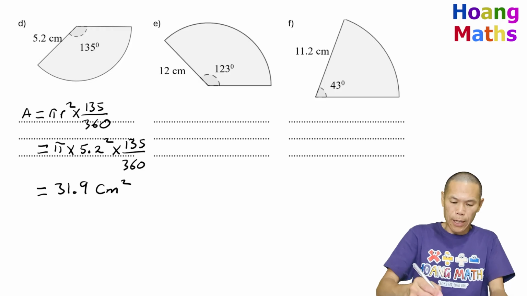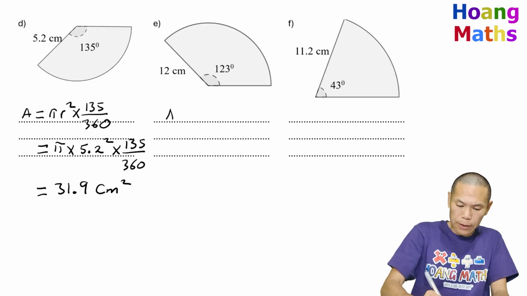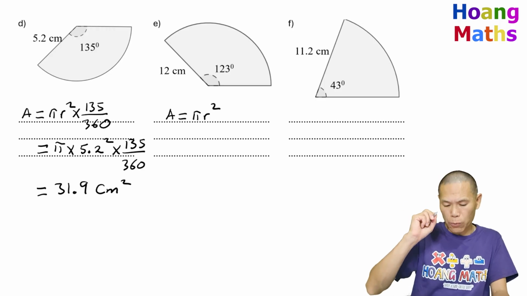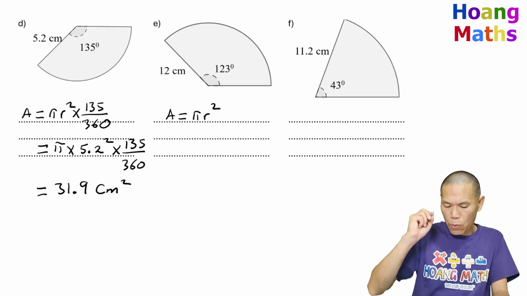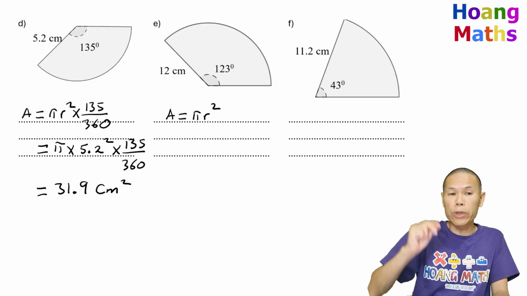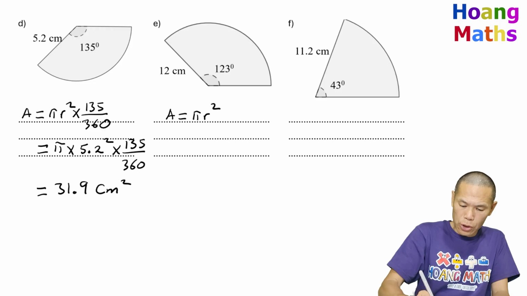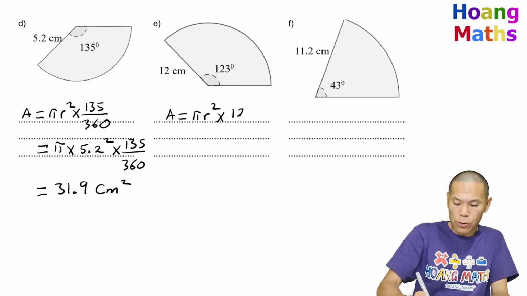Part E, again, the area is pi r squared, and one part of it. So we just need to work out the area of the sector, that is 123 degrees out of 360, which is times 123 out of 360.